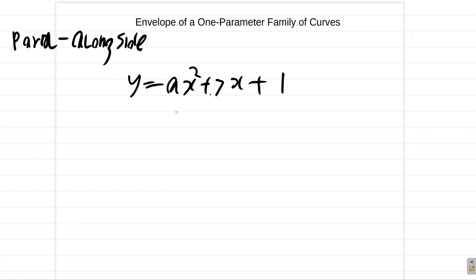So, if you now say you have negative 2x squared plus 7x plus 1, there are no parameters, only variables. You might have y is equal to x squared minus 3x plus 2, only variables and constants you have here, no parameters.